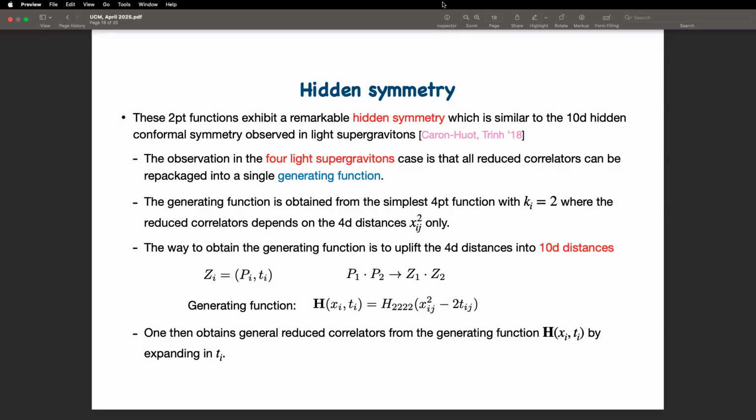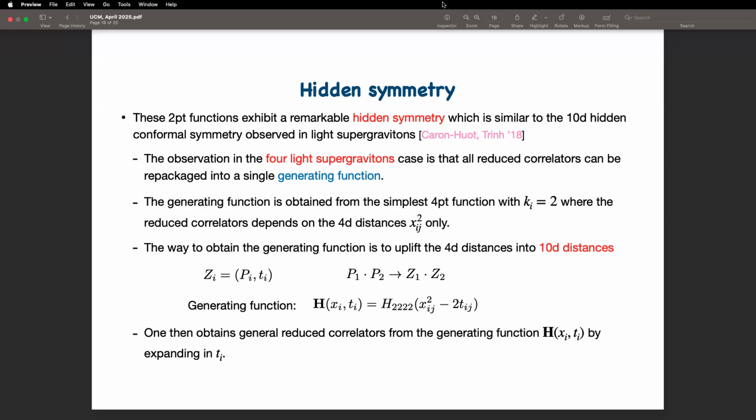Okay, thanks. So, the prescription essentially is the following. So, this is xij squared, and you replace P by this higher dimensional vector Z, and this is xij squared minus 2 Tij, and this is the invariant distance in 10 dimensions.